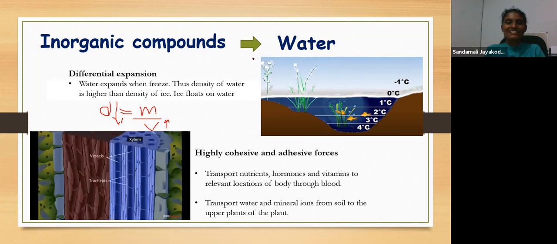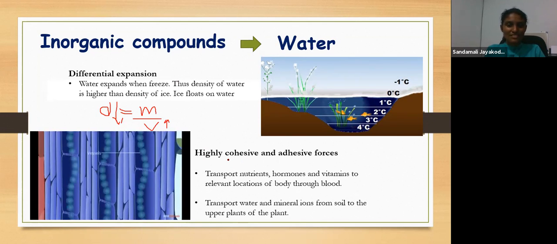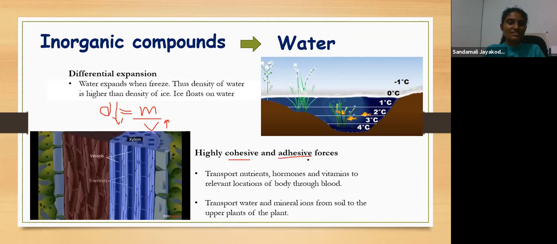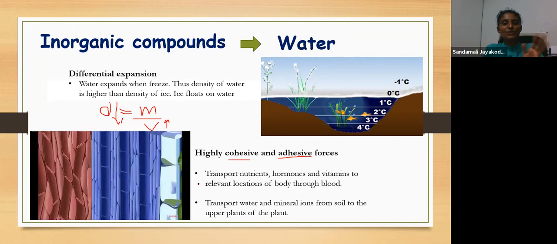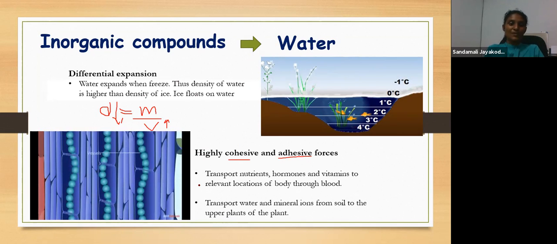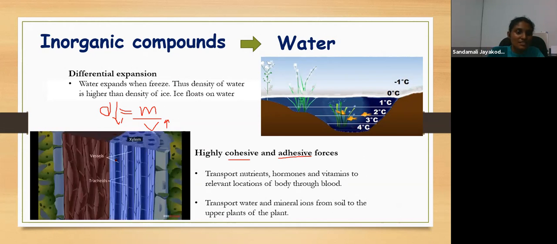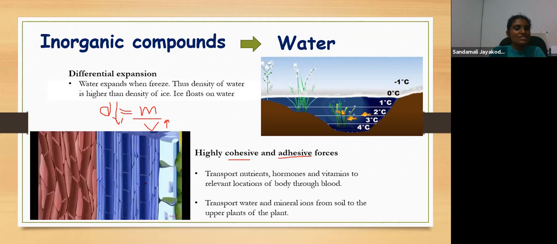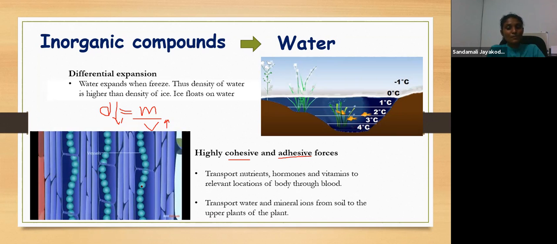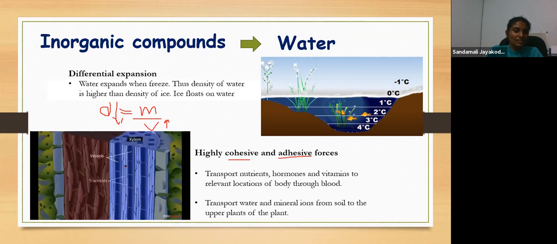And then the last feature of water is highly cohesive and adhesive forces. Cohesive and adhesive forces help to transport different things throughout our body and also throughout the plant body. Here you can see in this image the tissues which transport water in a plant body. Those are named xylem tissue.